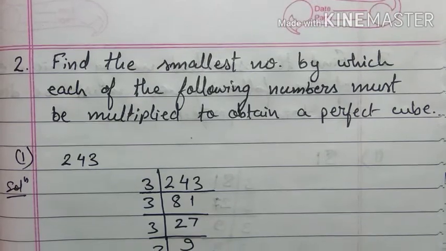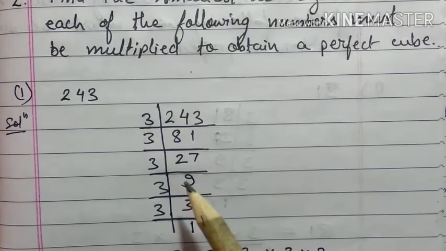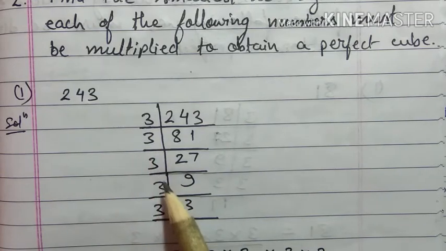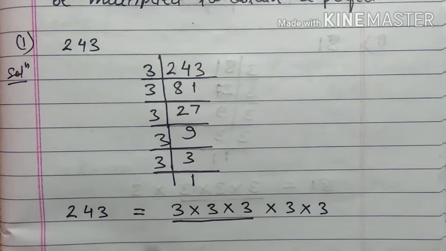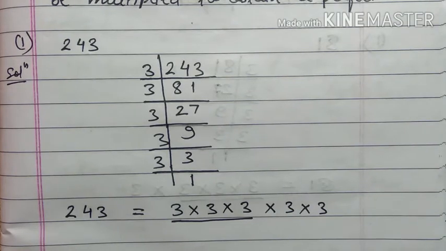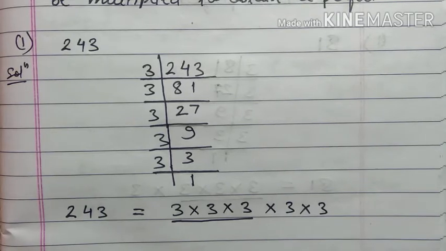So we will do the prime factorization of 243 and we'll get 3 into 3 into 3 into 3 into 3. Okay, like this. So 243 can be written as 3 into 3 into 3 into 3 into 3, right?